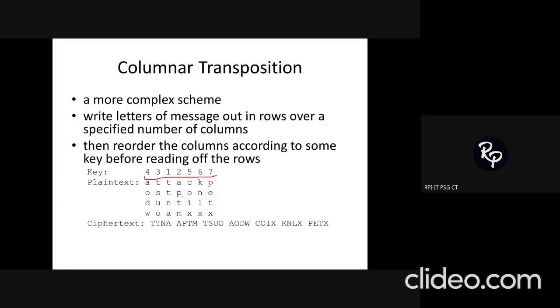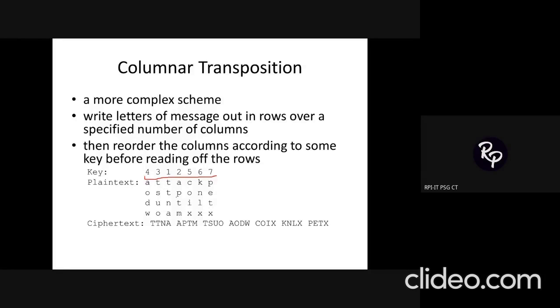So whatever the plain text given to you, start writing it in a row-wise manner, starting from the first entry of the table. So the key value or the keyword will decide how many columns there will be for doing your substitution process. So here I am going to have 7 columns. So you are just going to write the characters of the plain text one by one in these 7 columns until all the characters in the plain text get filled up in your table.